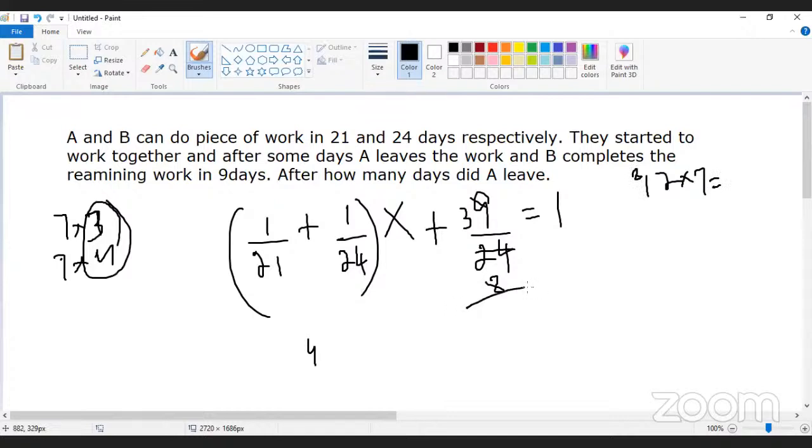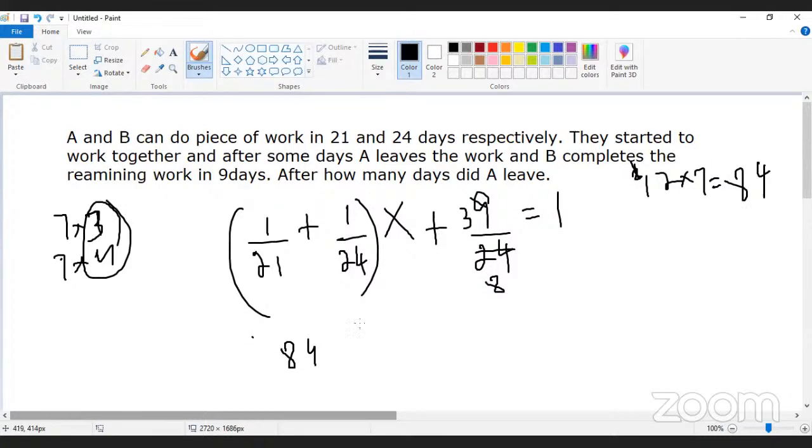So 12 times 7, 7 twos are 14, 84 would be the LCM.